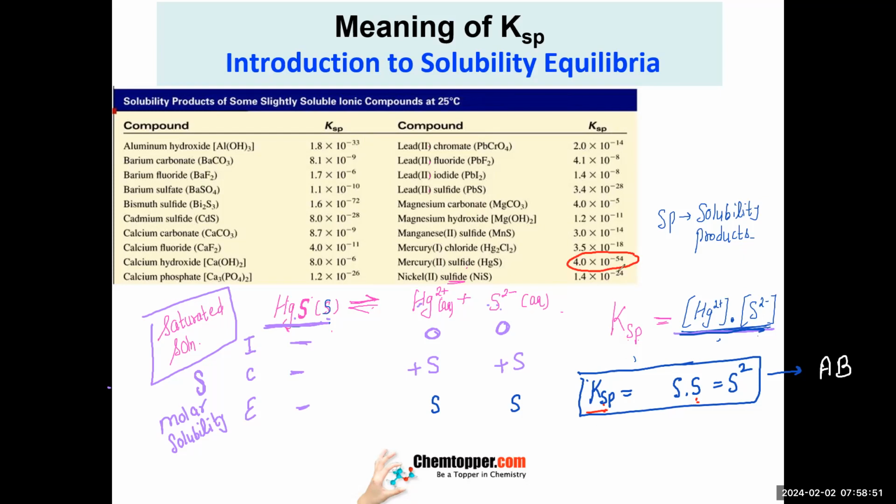Like what is S here? Ksp is given. 4.0 times 10 raised to power minus 54 is S squared. So the molar solubility of the salt is the square root of this number. Children, this is a new concept, though it is based on equilibrium. But I hope you are understanding what I'm saying. It is 2.0 times 10 raised to power, take half of this exponent. Is it clear?